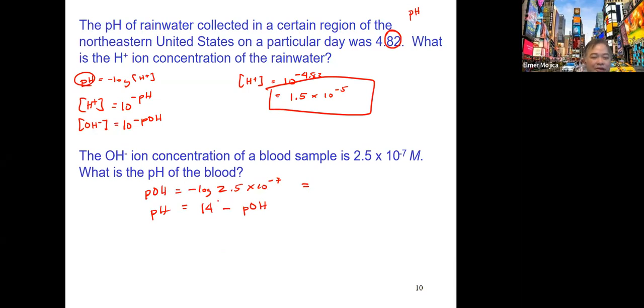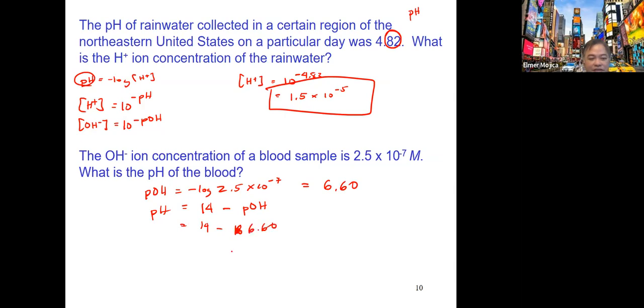6 ba? You have two significant figures here. This is not a pH value. This is a number. So that means it is 6.60. So 14 minus 6.60.